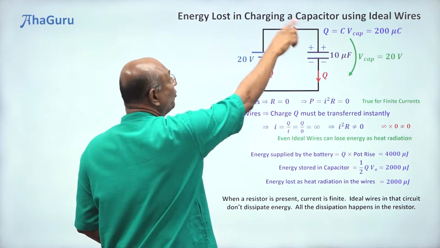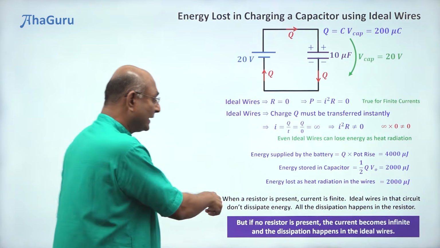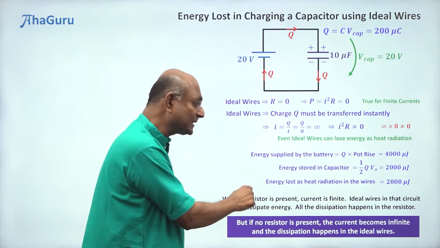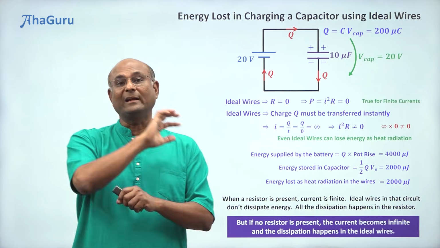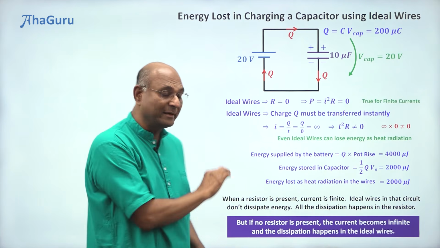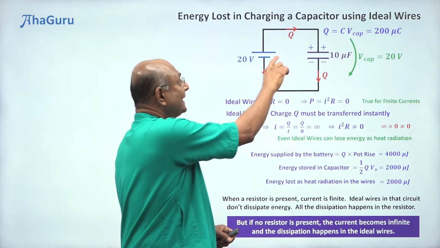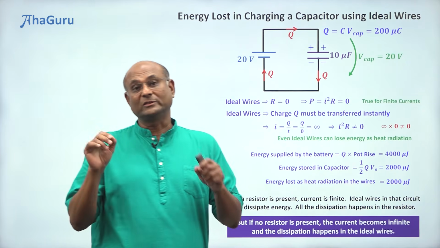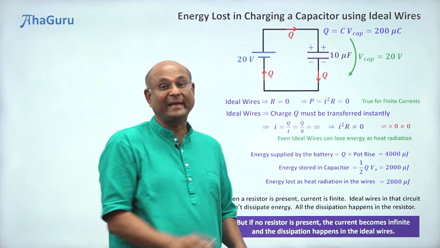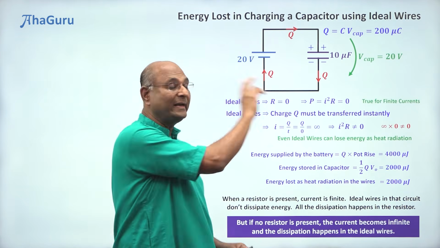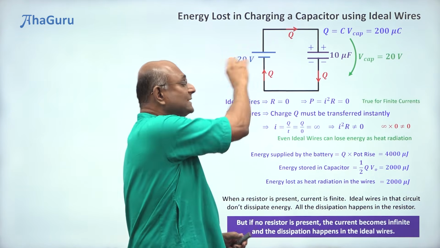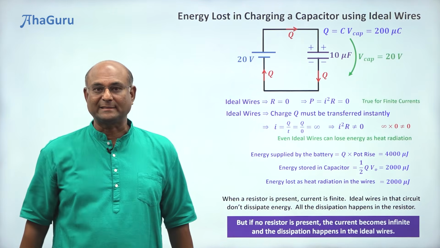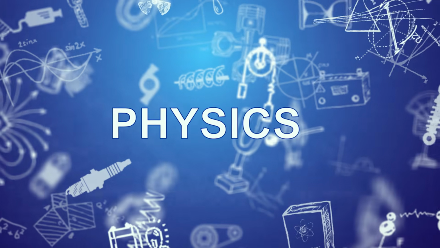But if there is no resistor anywhere, then the current becomes infinite, and in that case, the dissipation will happen in that ideal wire. So you have to keep this point in mind, whether you are connecting this capacitor using a resistor or using ideal wires. In either case, there is going to be heat that is lost because the energy supplied by the battery is not equal to the energy stored in the capacitor.